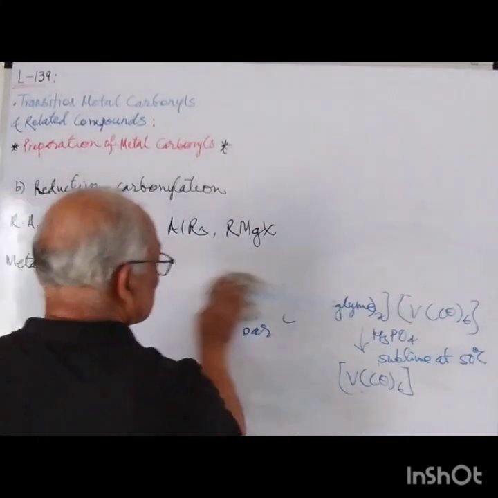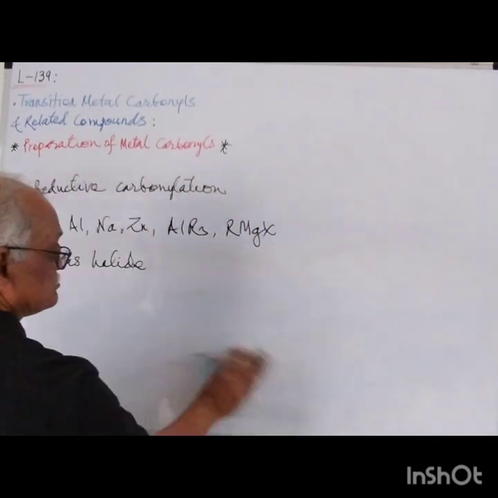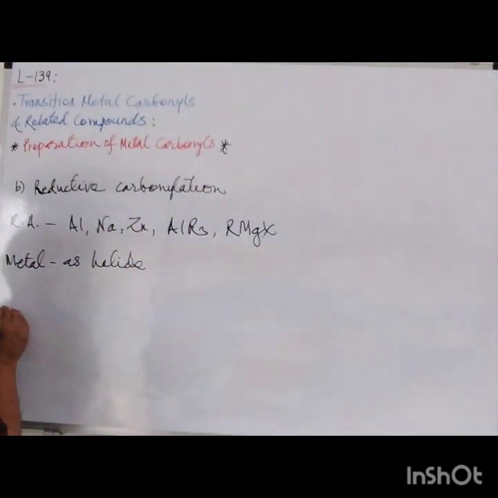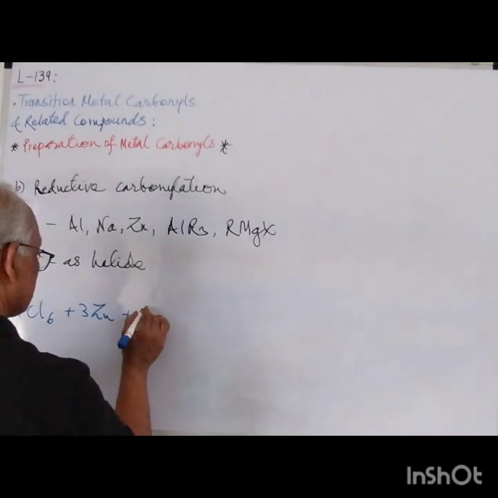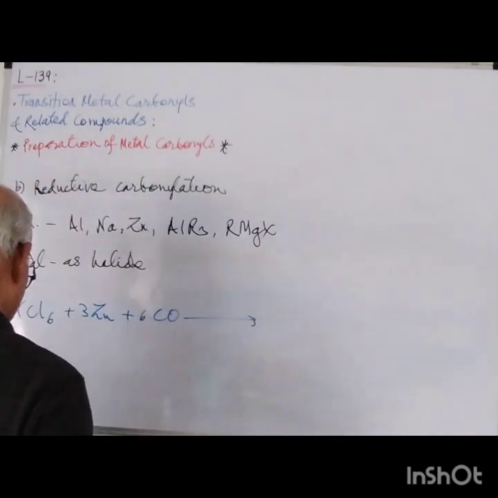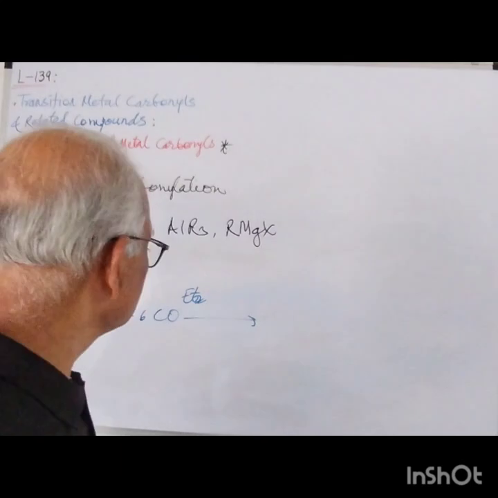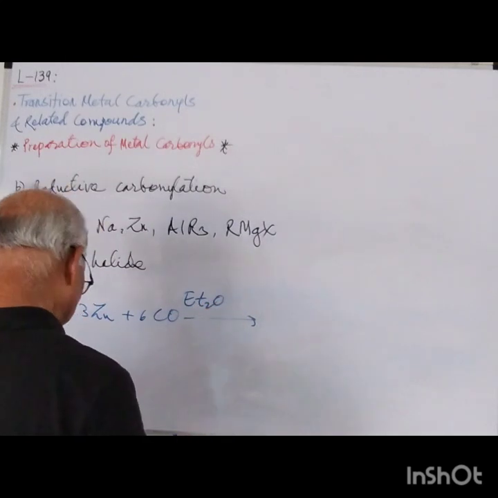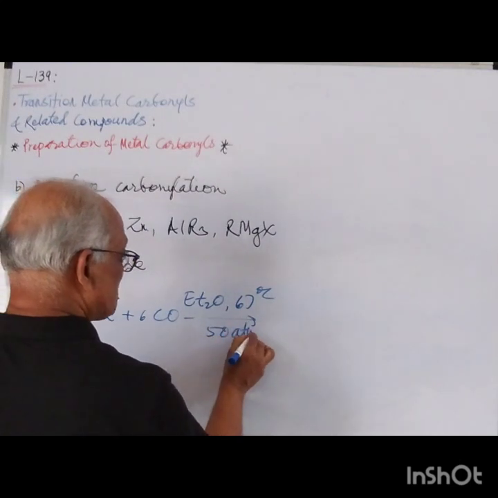Then the next reaction: we will take WCl6, plus thrice Zn plus 6 CO, under the solvent ethyl ether, at 67 degrees centigrade and 50 atmosphere pressure.